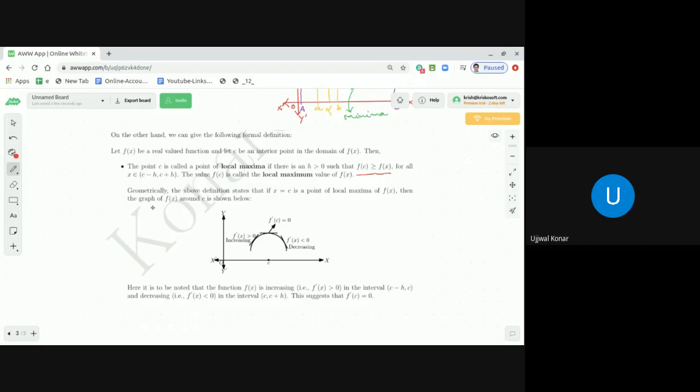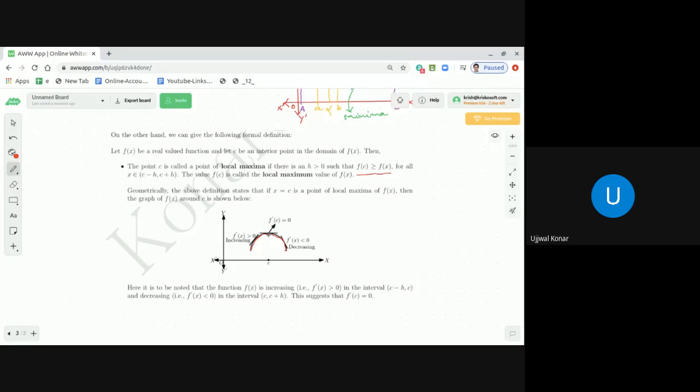Now geometrically, the above definition states that if x equal to c is a point of local maxima of f(x), then the graph of f(x) around c should be something like this. This is one very important graph, dear students. What is f dash c?